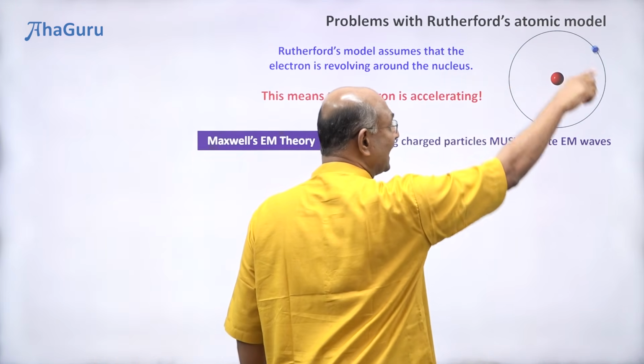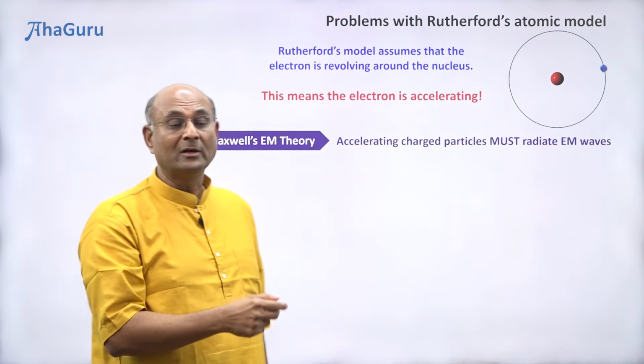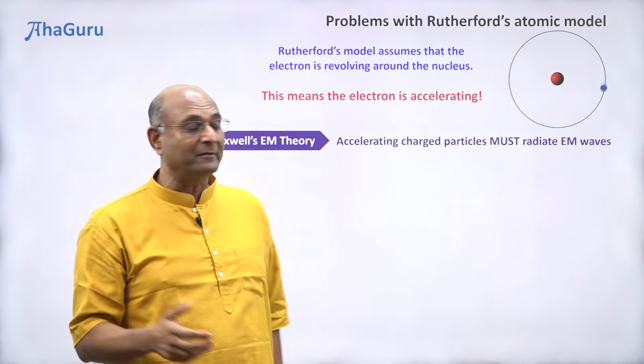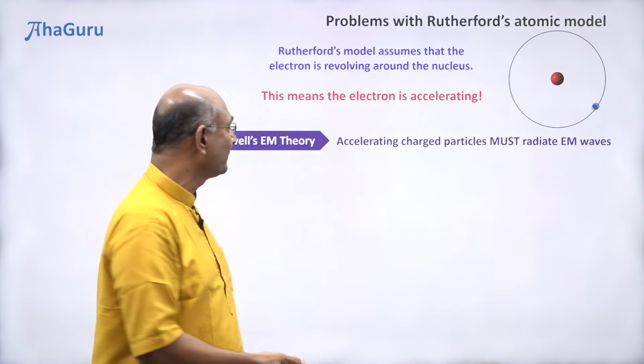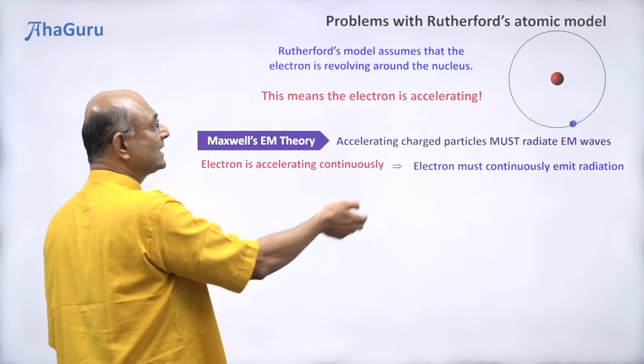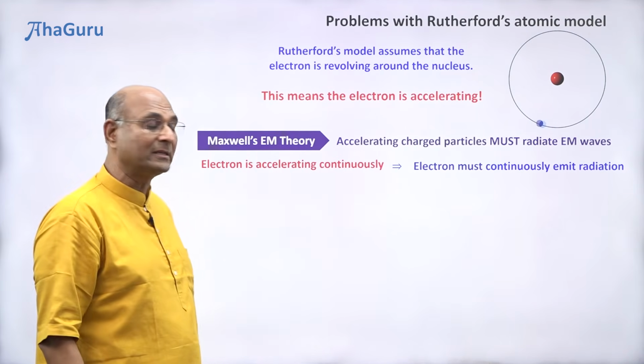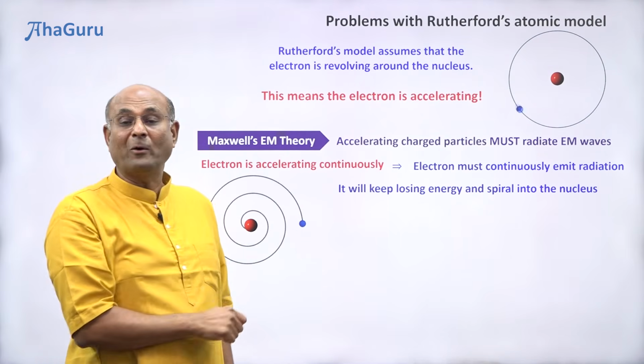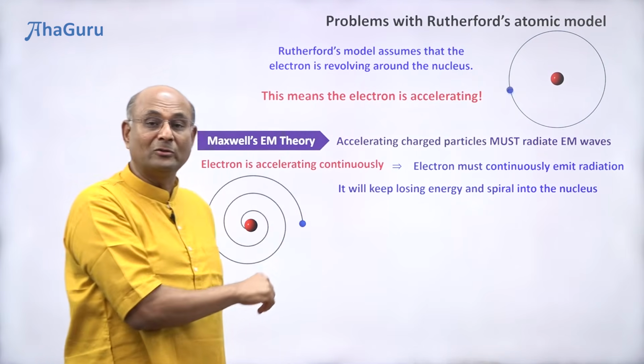And the electron is a charged particle and it is accelerating, so it must radiate electromagnetic waves. Electromagnetic waves carry energy. And the electron is accelerating continuously, so it must be continuously emitting radiation, which means the electron will keep on losing energy and it will spiral into the nucleus.